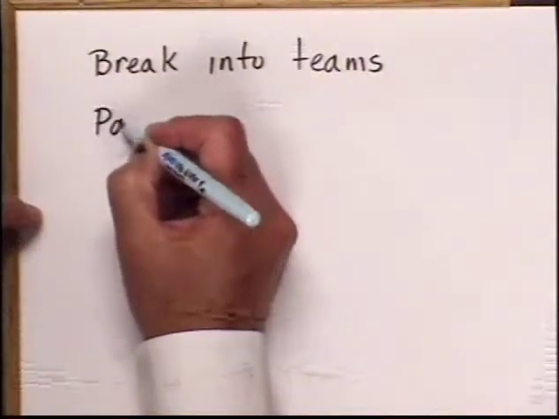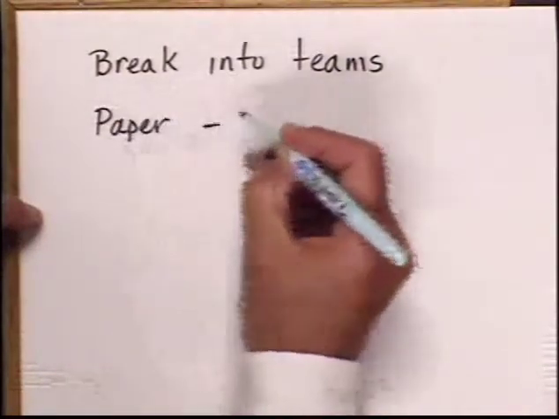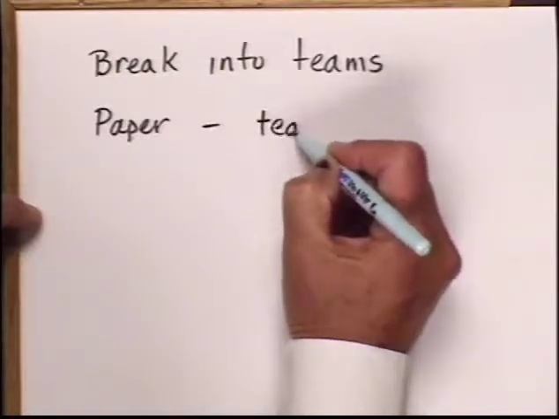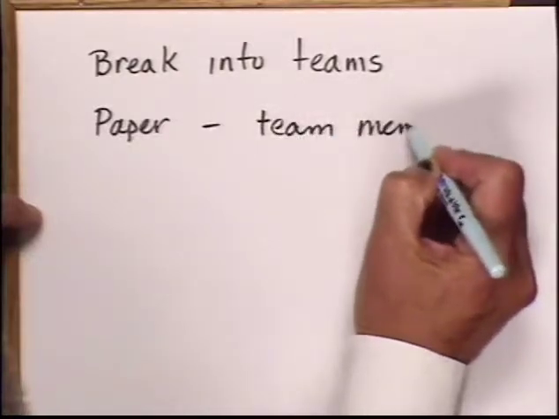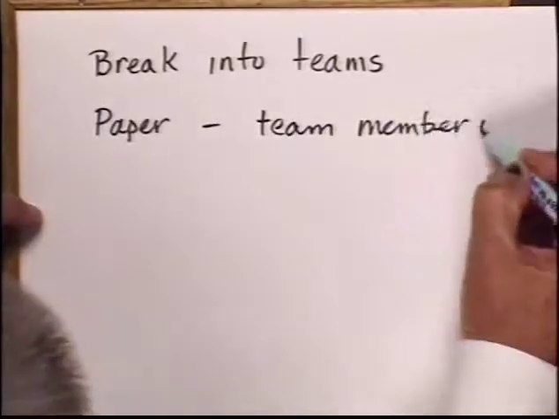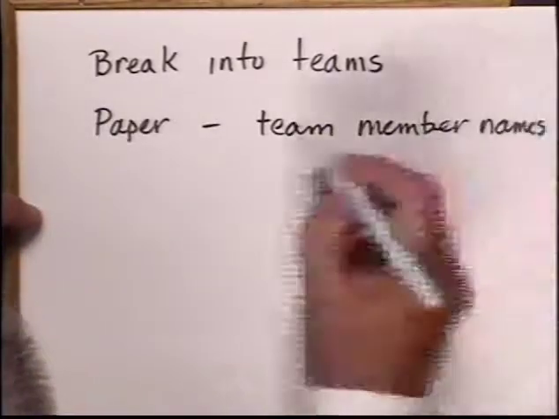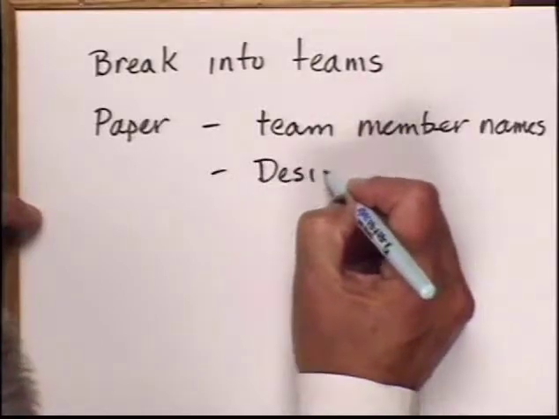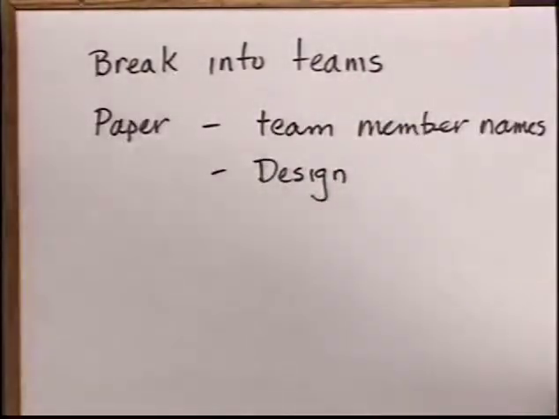So we want to break into teams. I need, on a paper, team member names. I need then your design after talking about it for, like I say, about 10 minutes or so.